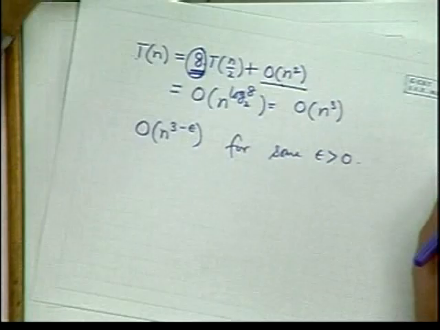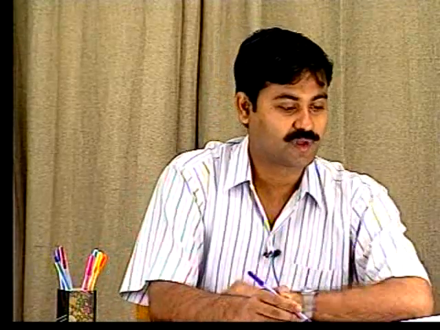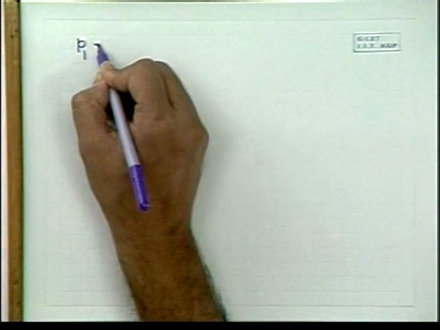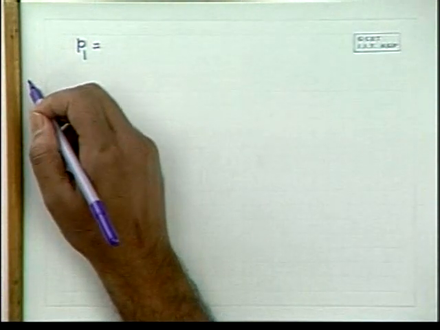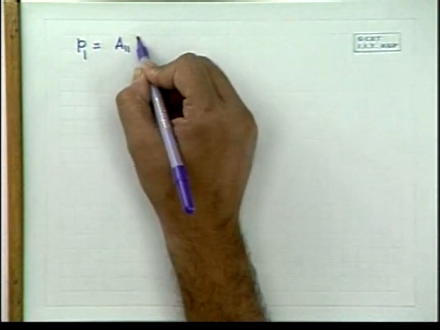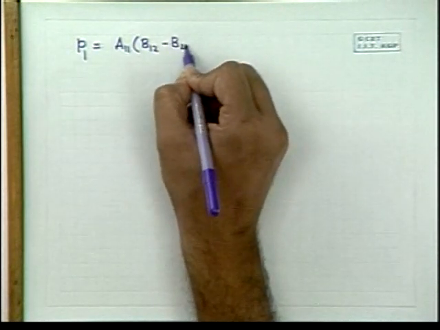So now let us see how we can decrease the number of multiplications to 7 instead of 8. Let me write down some sequence of operations. I am going to write P1, basically 7 quantities. P1 is equal to A11 times (B12 minus B22).